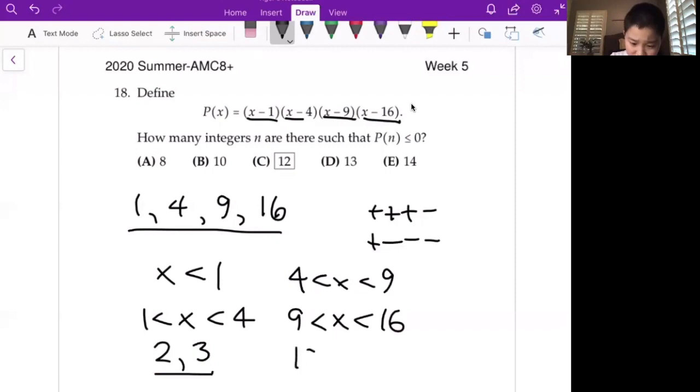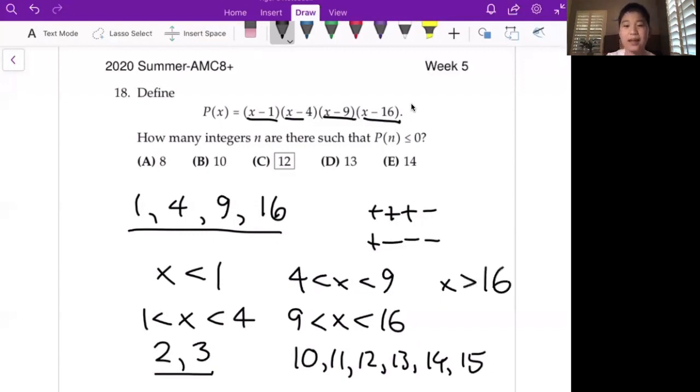So let's get them in: 10, 11, 12, 13, 14, and 15. And then if x is greater than 16, then all of them are positive. That won't work. So it's just these solutions. There's 4 here, there's 2 more, and then there's 6 more. So 4 plus 2 plus 6, there's 12 solutions.